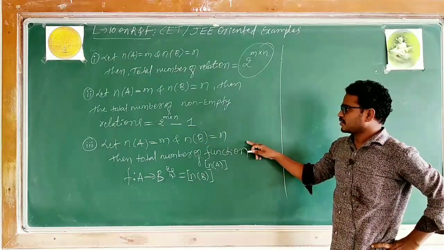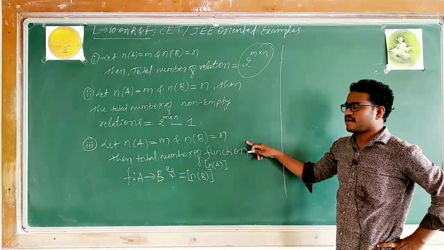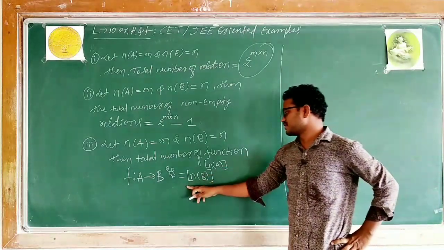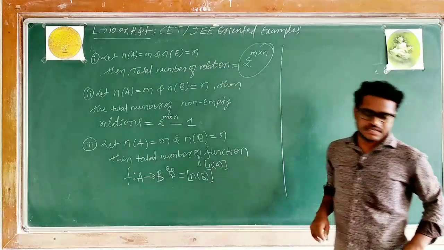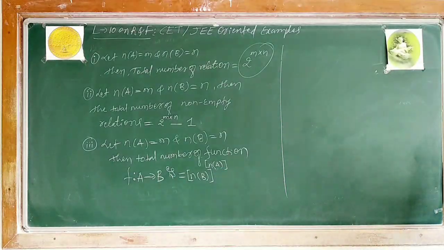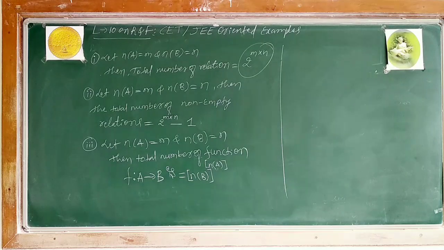And here the total number of possible functions from A to B is given by n of B whole to the power n of A. These are the CET oriented points. Knowing these points, you can solve how many relations are possible, how many non-empty relations are possible, and how many functions we can form.